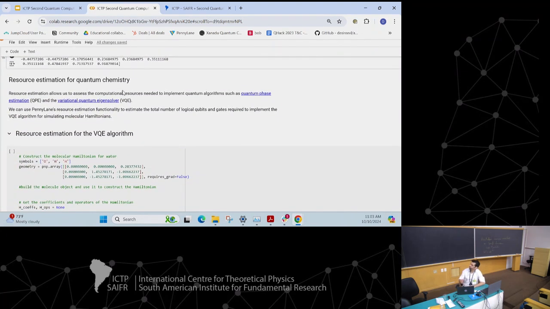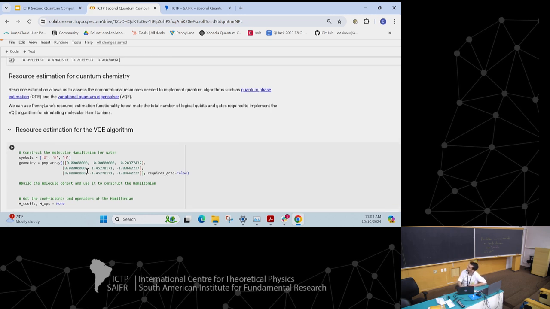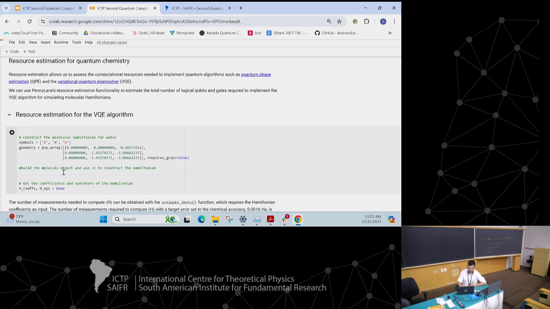If you go to the last section of the notebook, we're going to do resource estimation of the VQE algorithm for water. So still a very small molecule, nothing near what we will be interested in at an industrial level. So we're going to build up the Hamiltonian of this molecule very quickly.